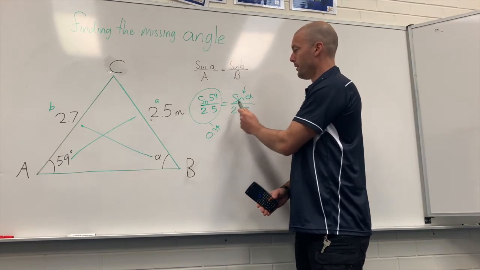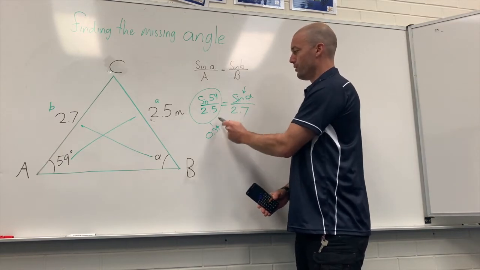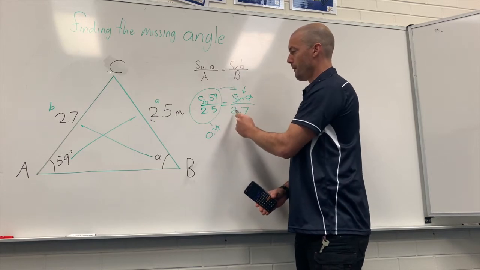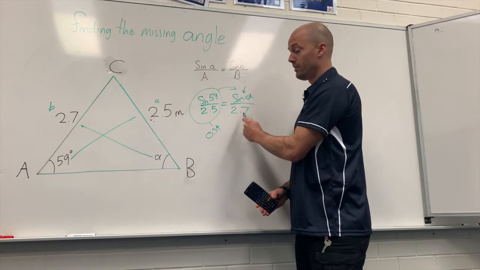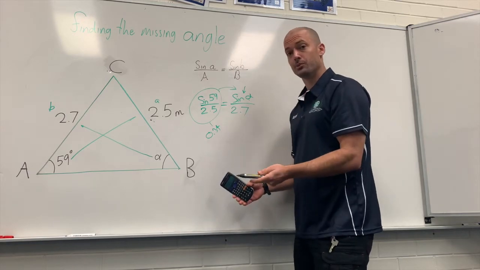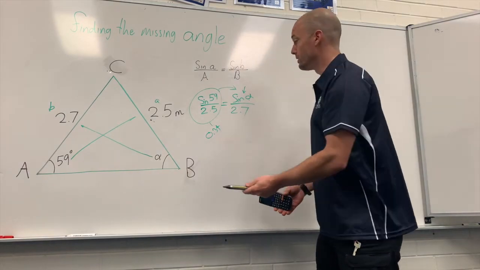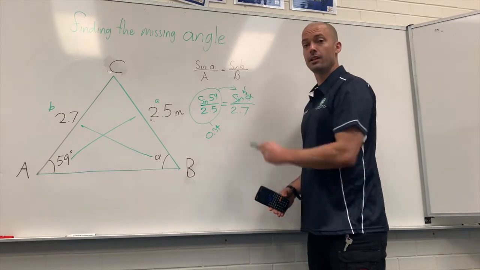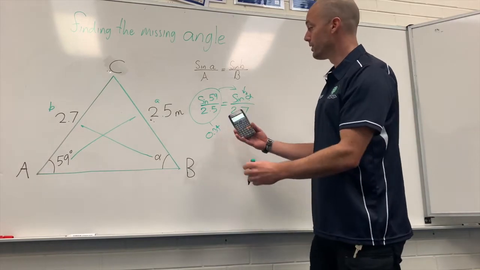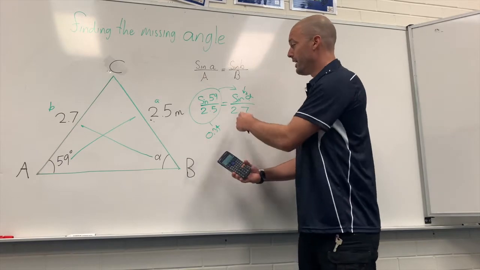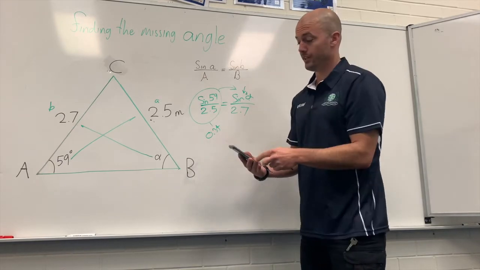So if that's 0.34, but divided by 2.7, if we do the opposite of dividing by 2.7, which is timesing by 2.7, we'll be left with just the sine of the angle. So I'm going to get this answer I just got here and times it by 2.7.